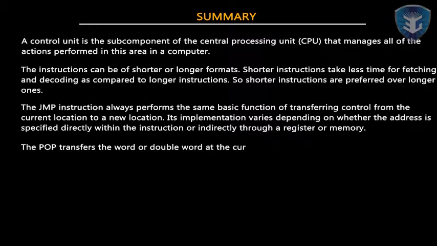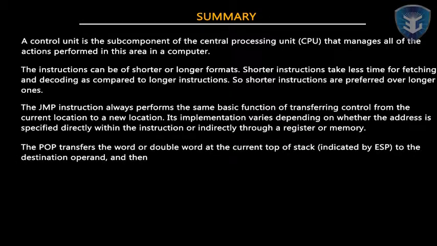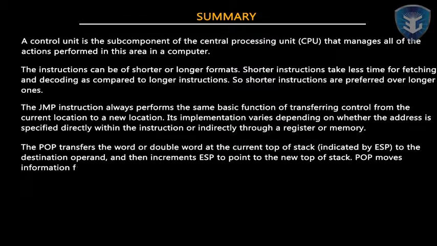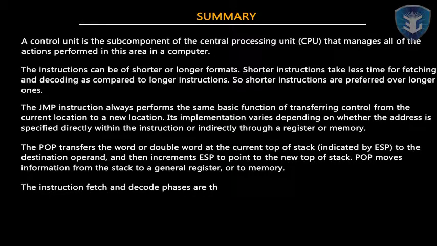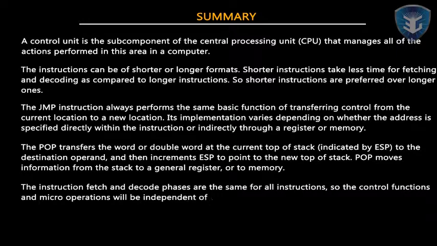The pop transfers the word or double word at the current top of stack, indicated by ESP, to the destination operand, and then increments ESP to point to the new top of stack. Pop moves information from the stack to a general register or to memory. The instruction fetch and decode phases are the same for all instructions, so the control functions and micro operations will be independent of the instruction code.